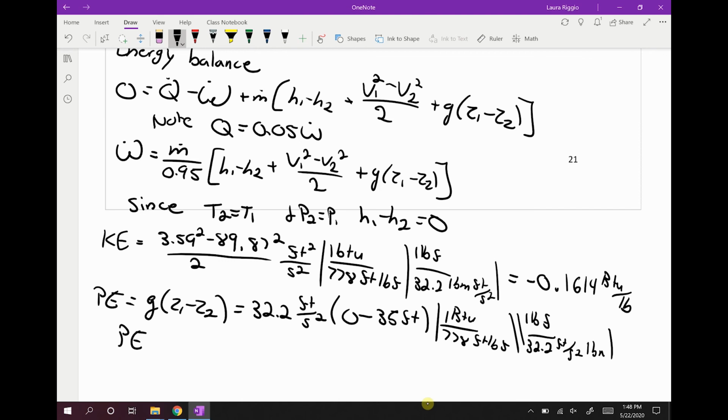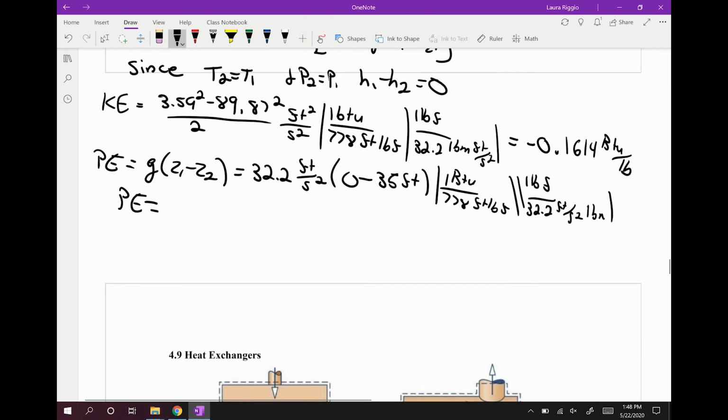Our potential energy change is equal to minus 0.0450 BTU per pound.